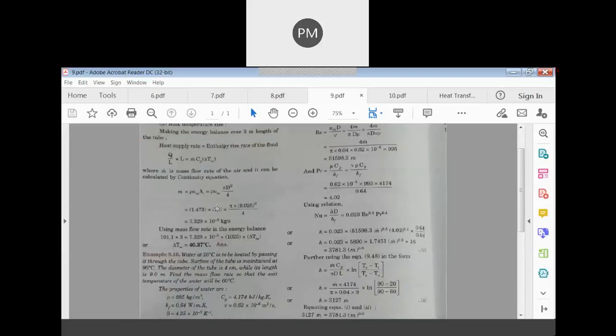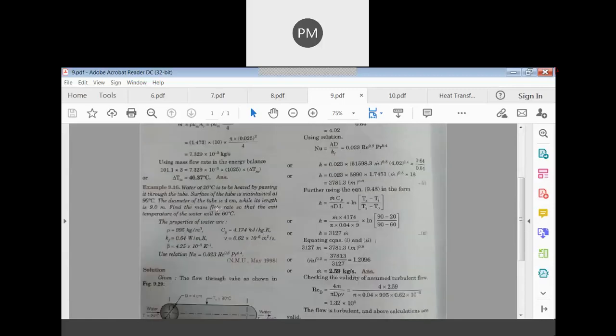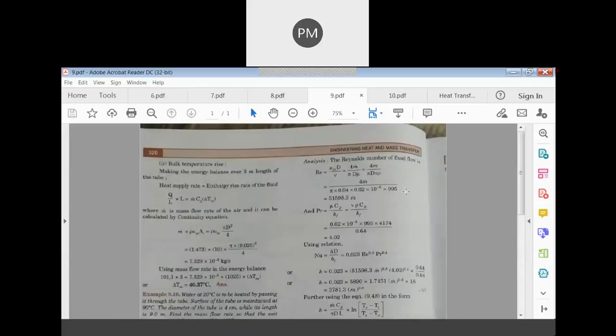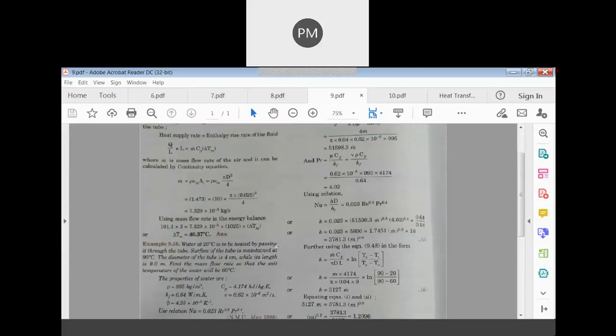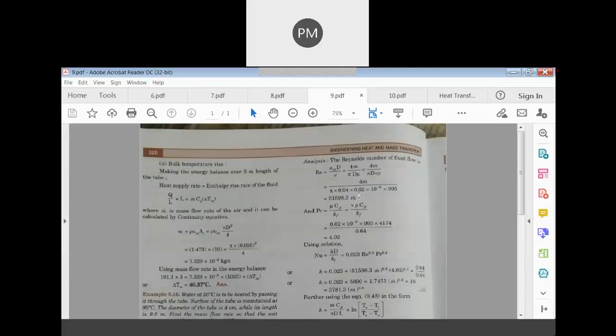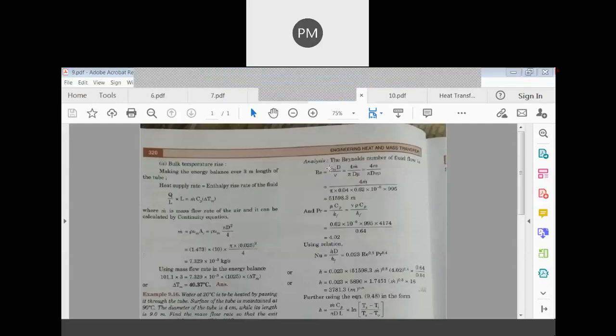How will you calculate first? We'll calculate the Reynolds number. Reynolds number is nothing but 4m by pi d mu. You don't know the mass flow rate, because in the problem they ask to find the mass flow rate. So you have Reynolds number in terms of mass flow rate, because Reynolds number is velocity into diameter divided by kinematic viscosity, or it is rho V d by mu.